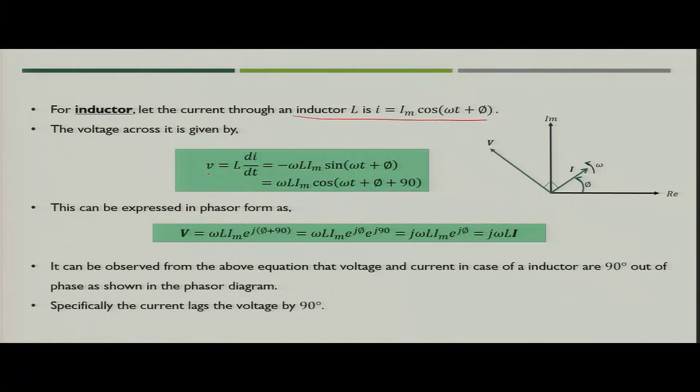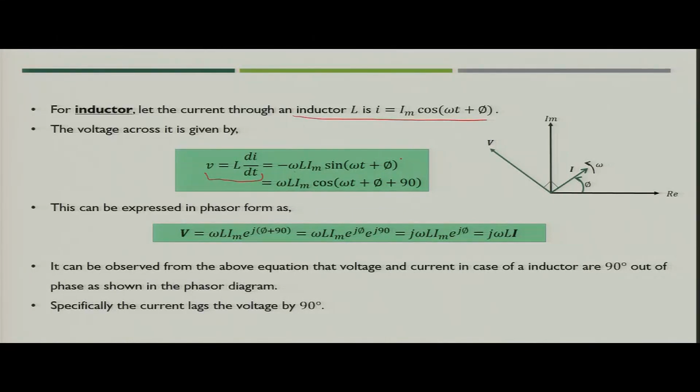As we know, the voltage across the inductor can be defined as L di by dt. In this case, if you differentiate the current i with respect to time, you will get minus omega L Im sin(omega t plus phi).